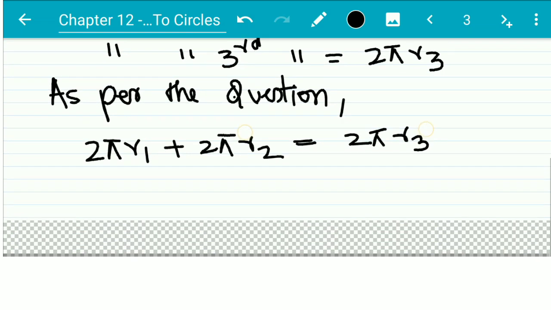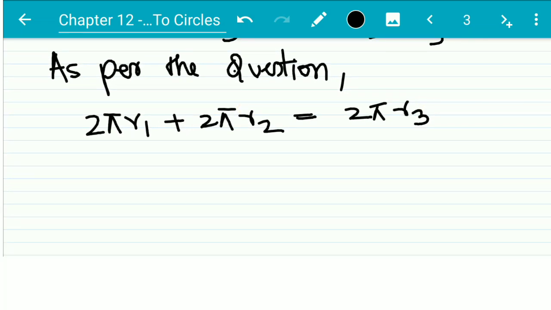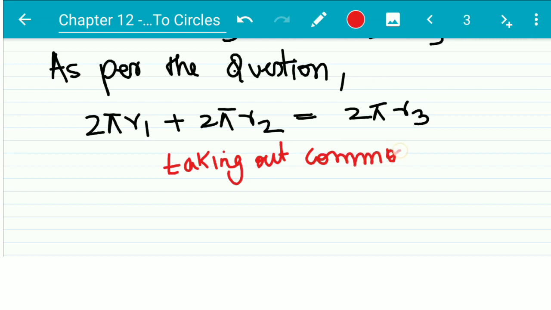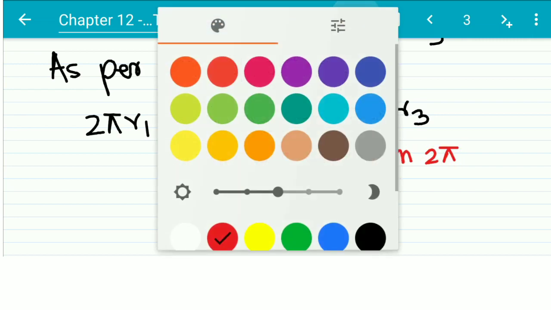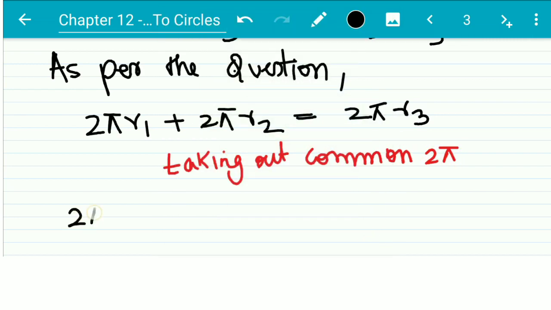Okay, now we'll solve this one. 2 pi r1 plus 2 pi r2. From the first term and the second term, 2 pi is common. So I'm going to take out 2 pi. In the next step I have taken 2 pi outside.